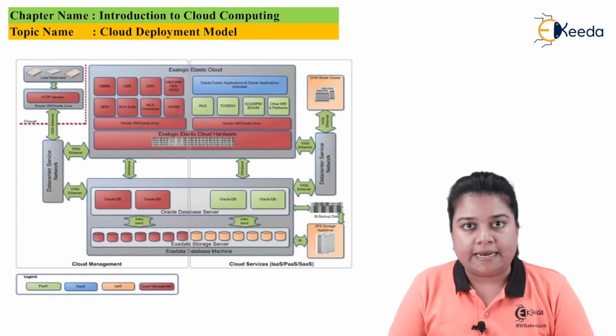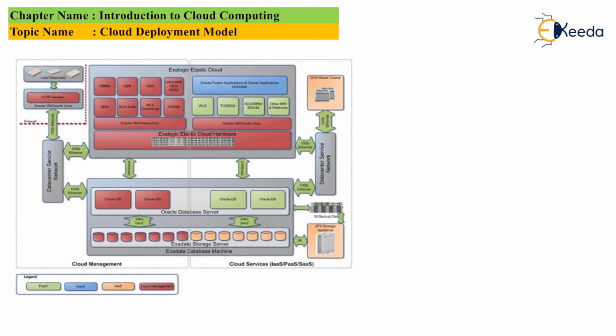Now we can understand the cloud deployment models by taking a deployment view diagram from the Oracle point of view. We have this cloud deployment view. Here it is the cloud management. It has the platform as a service, software as a service, infrastructure as a service, and then there's the cloud management. Then comes cloud services.